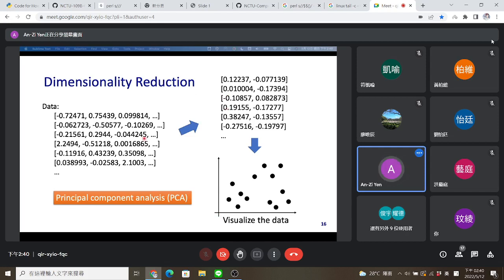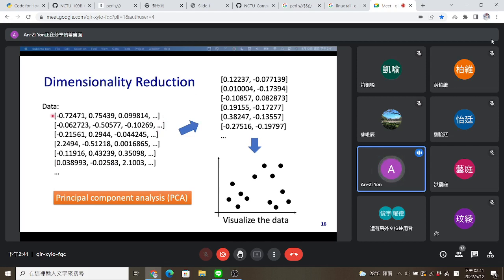So it is a helpful method for visualizing our data to check if the representation, like word representation, is capturing the relationship amongst words.